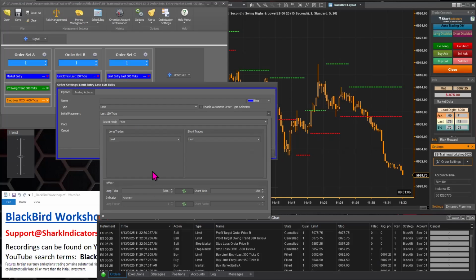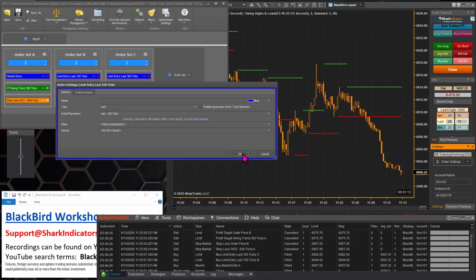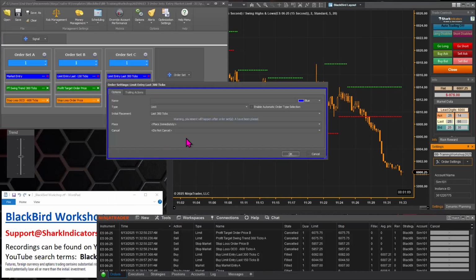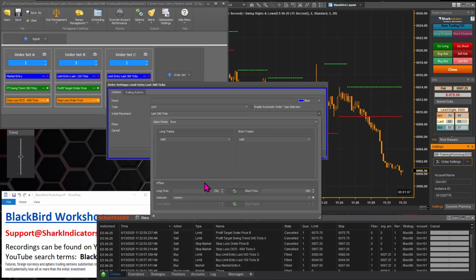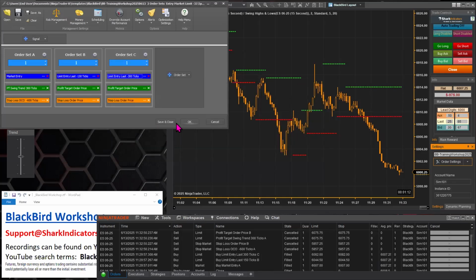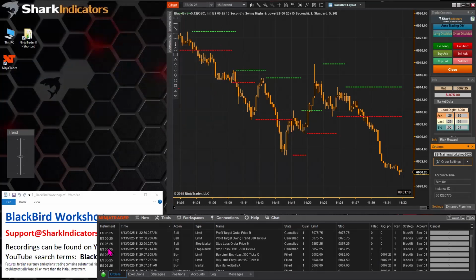Yeah, there's the problem. All right. That's all it takes is forgetting that limit symbol, or negative symbol, sorry. All right, get that fixed real quick. All right, get that negative number in there. All right, save that.